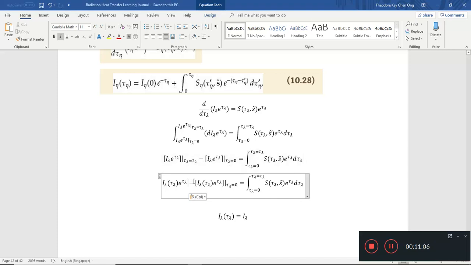Now what about this one? This one evaluates at tau lambda equals 0, so I'm just going to put tau lambda equals 0 here. And this tau lambda here is replaced by 0, which is ultimately e to the power 0, and e to the power 0, as we all know, is simply equal to 1.